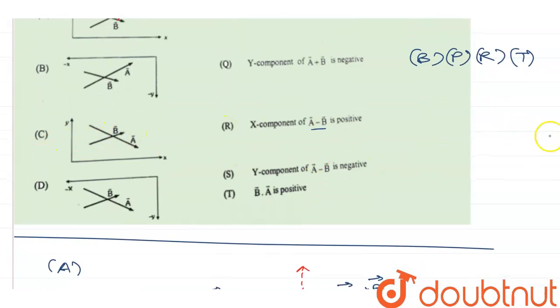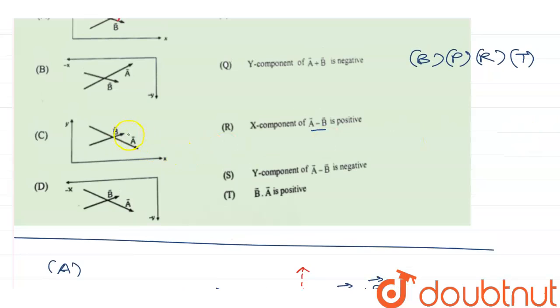Now, option number C. For option number C, once again, I'm going to repeat my process.